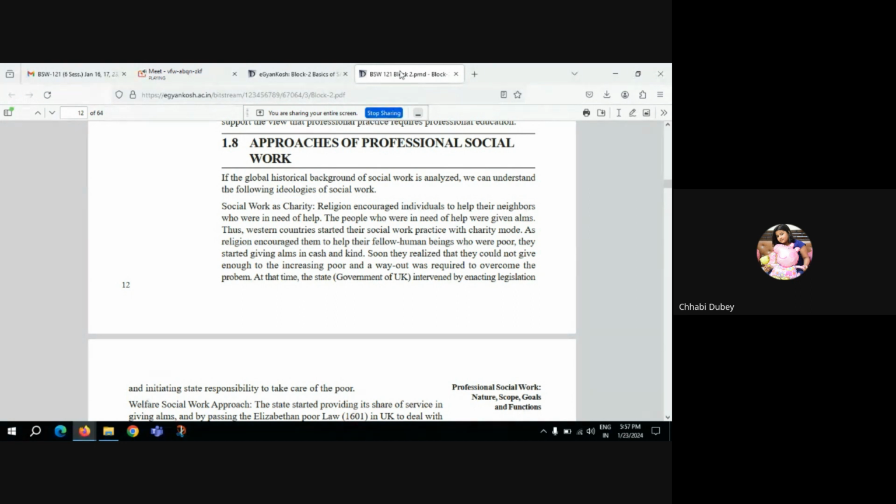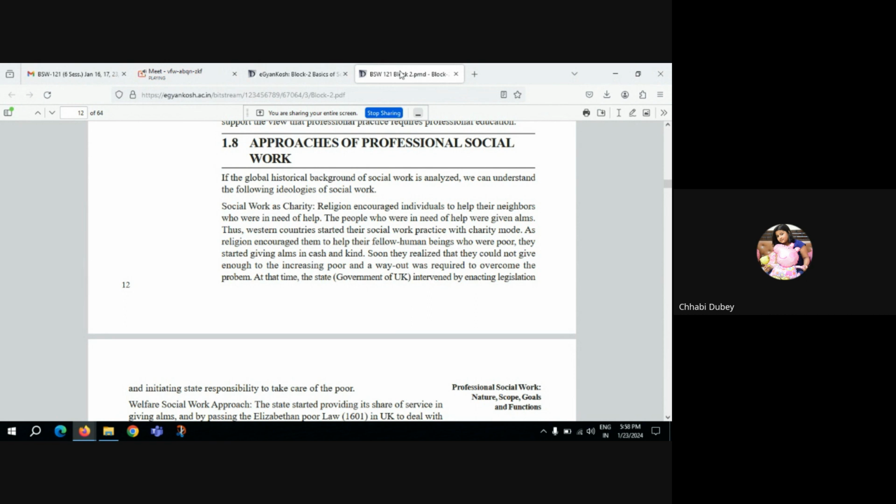So this is basically the most initial time when charity was considered, although it is still considered, but charity used to be considered as the basic ideal, the basic requirement for a person.